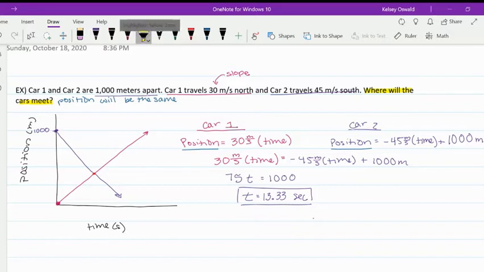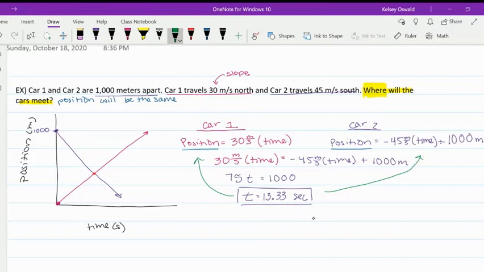But remember, our end goal is to find where they meet. So once we have the time, we can plug that back into either one of our expressions to find what position our cars will have at that time. It does not matter which equation you plug that time into because our positions are the same.